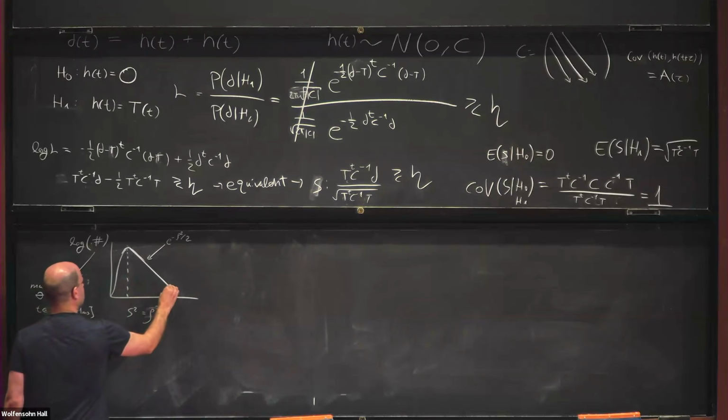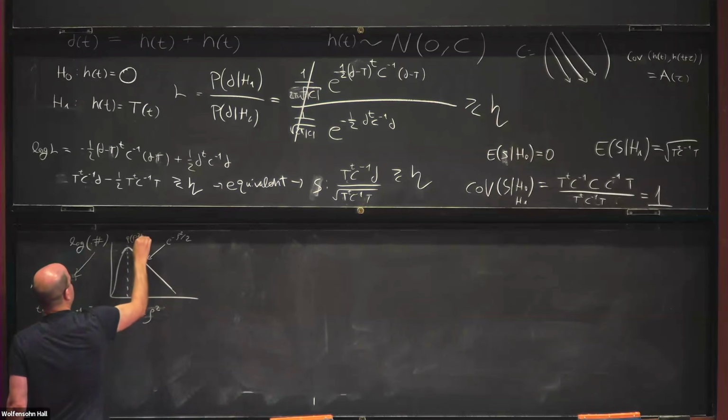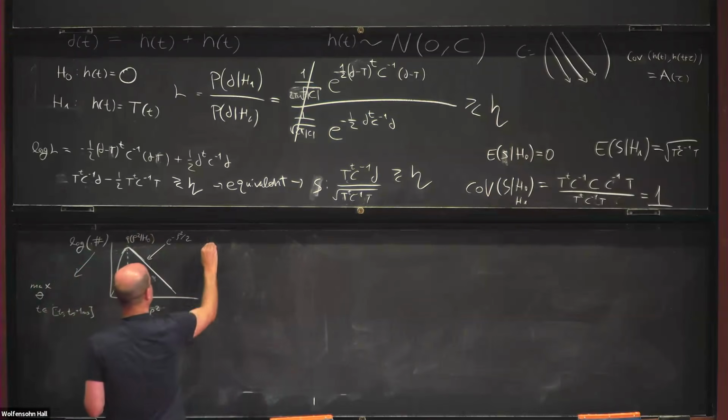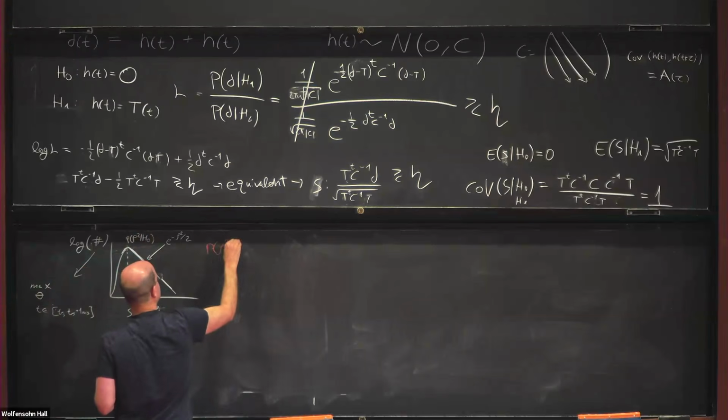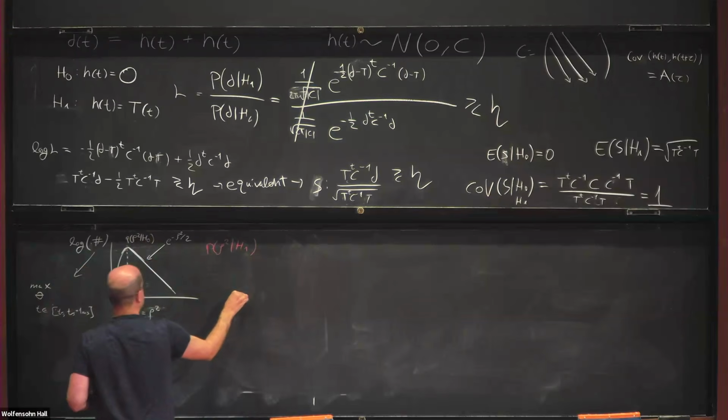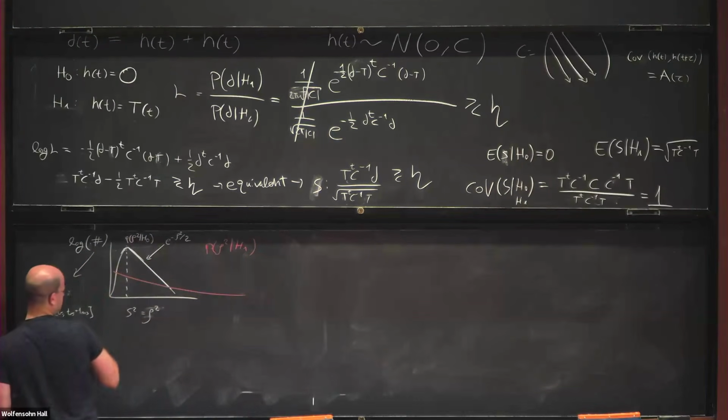So this is the probability of rho squared given h0. And if you now Monte Carlo and compute the probability of this rho squared given h1, you will find that it's some power law going like that.